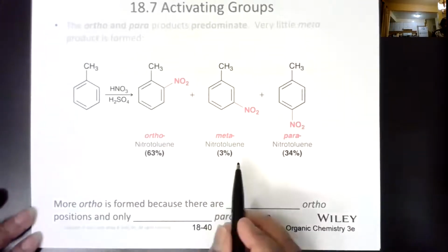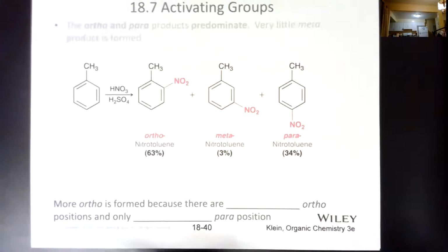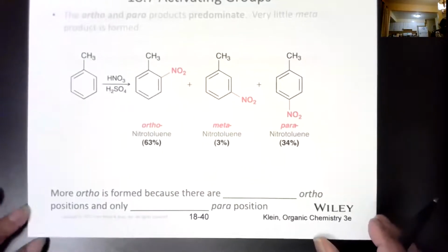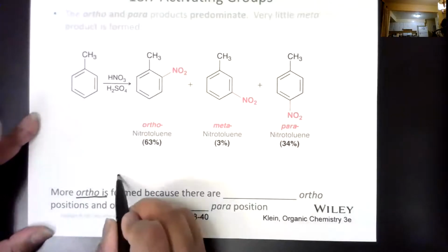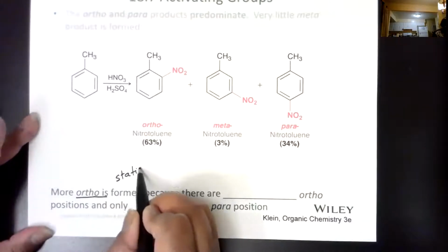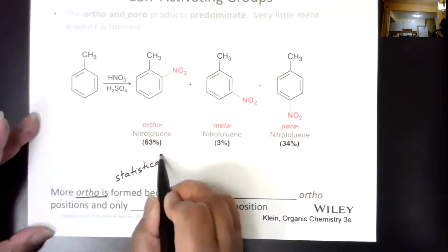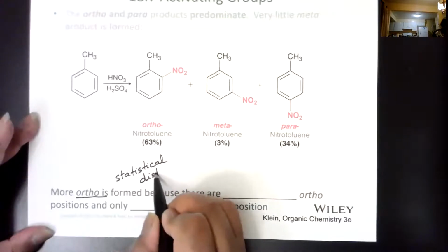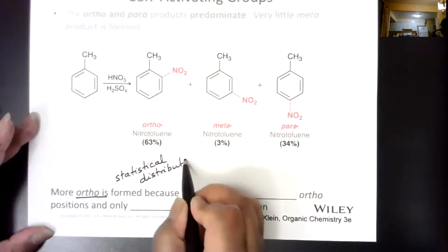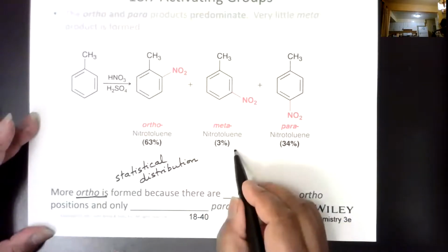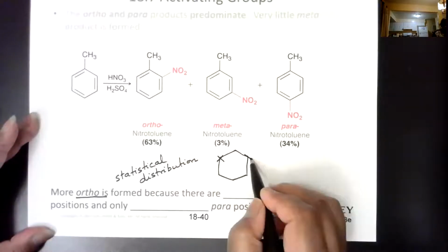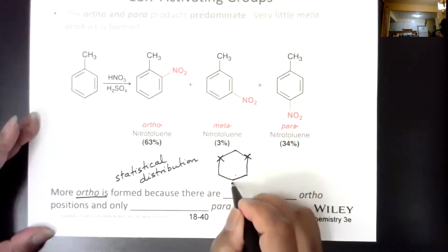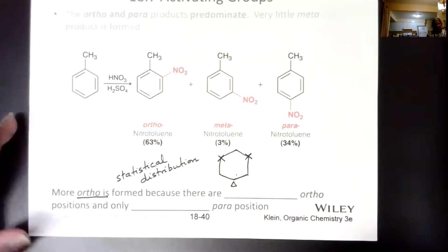Okay, so this is the same picture as the previous one. More ortho is formed. Why? This is because of the statistical distribution. What does that mean? Well, you have two ortho and only one para.